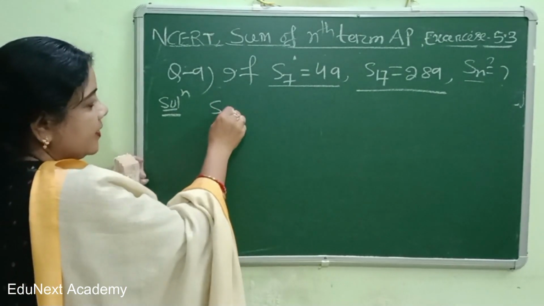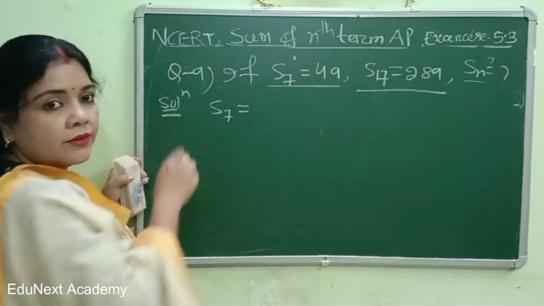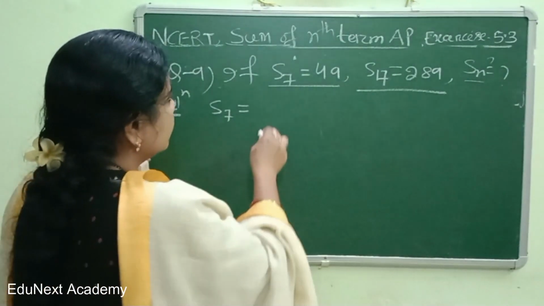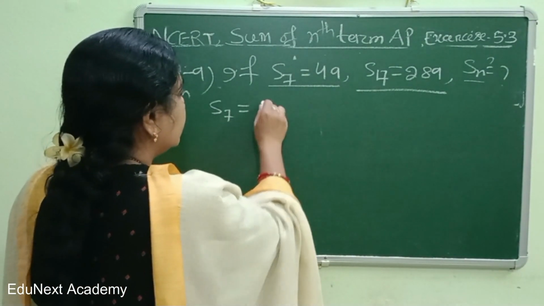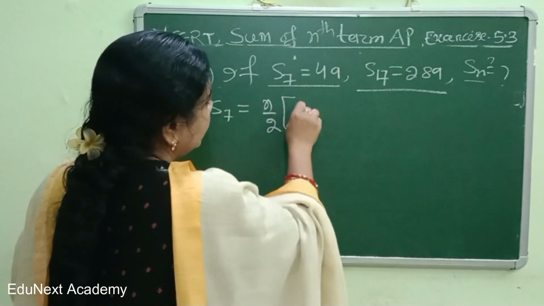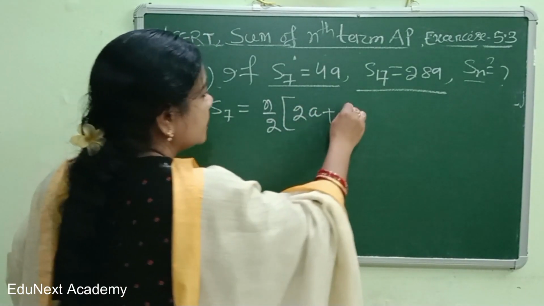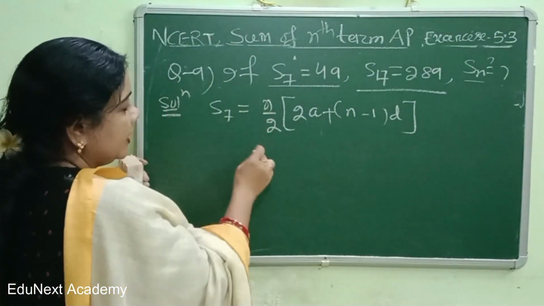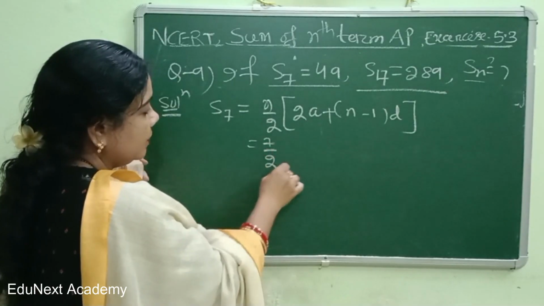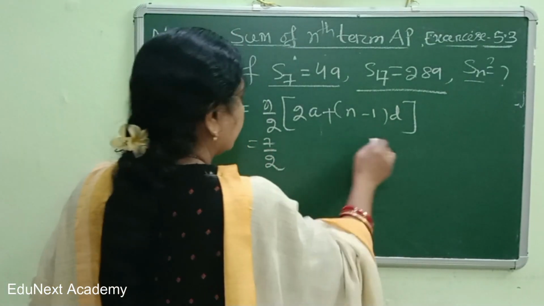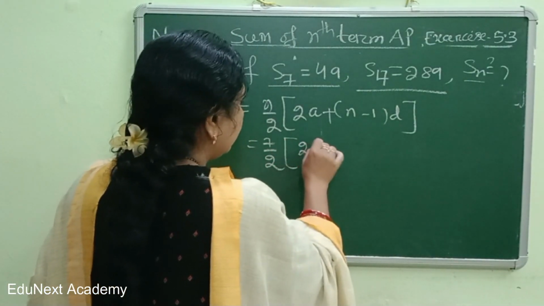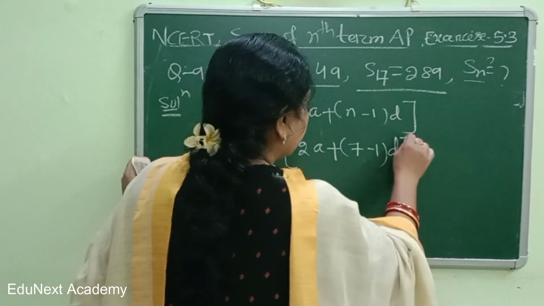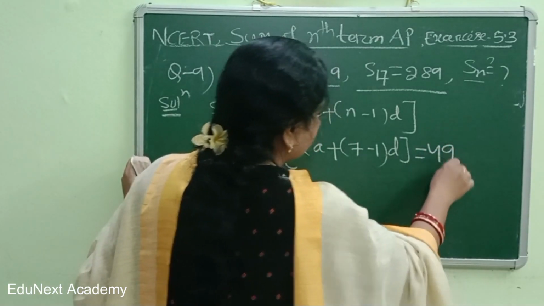Now S7 is n by 2 whole into 2a plus n minus 1 into d. Here n is 7, so 7 by 2 into 2a plus 7 minus 1 into d is equal to 49.